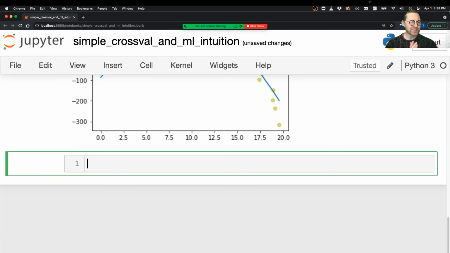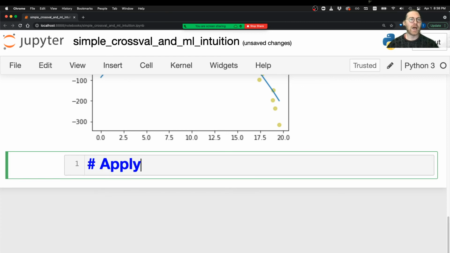But this is a general pattern, and different people will structure it a little bit differently. But at the end of the day, it's basically the same thing. This is going to be on a supervised problem, right? And I'm just going to call this apply cross-val to a classification problem.